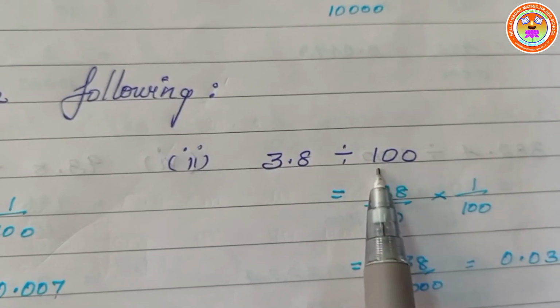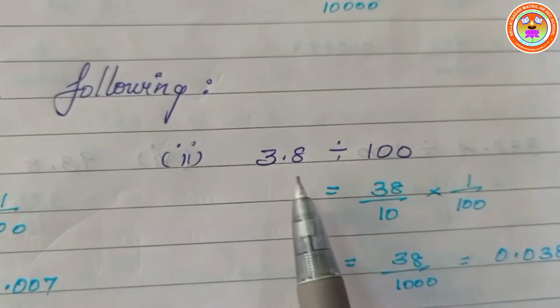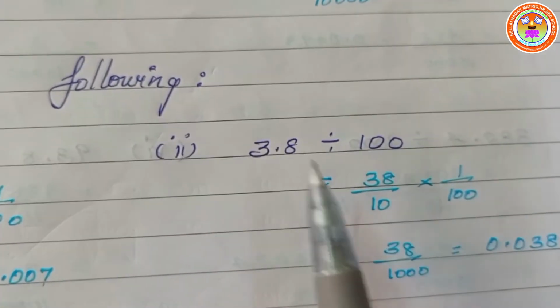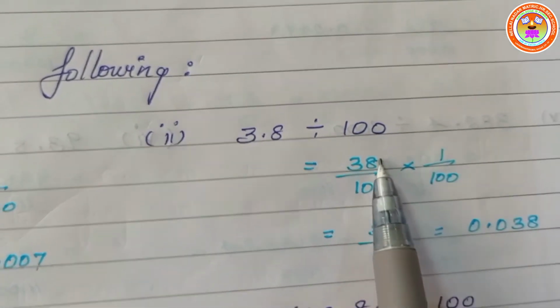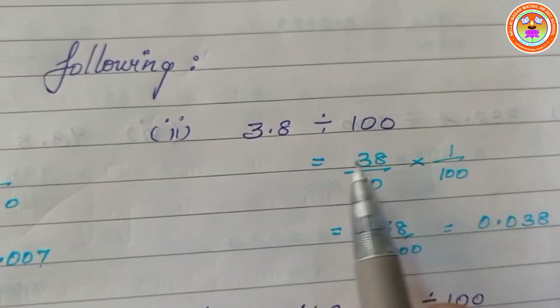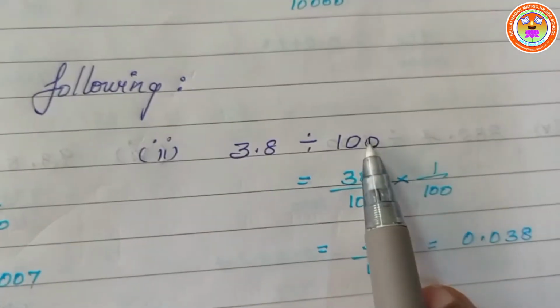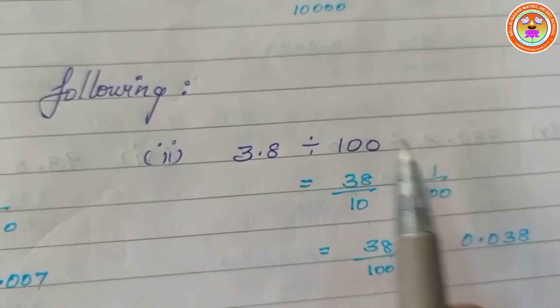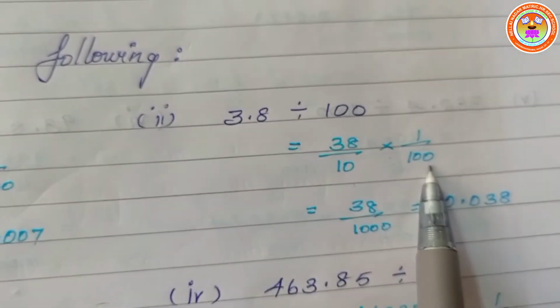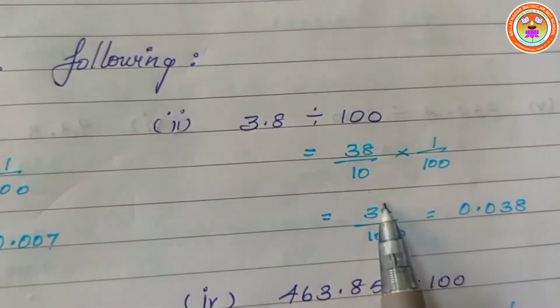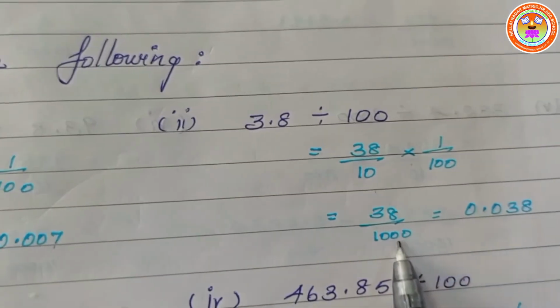Now let us move on to the second subdivision. 3.8 divided by 100. So first we are going to convert this decimal into fraction by writing as 38 by 10. Now convert this into multiplication. Next, to write the reciprocal of 100 is 1 by 100. 38 into 1 is 38. 10 into 100 is 1000.